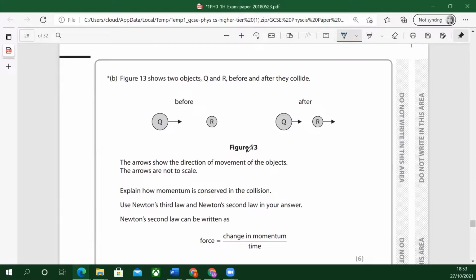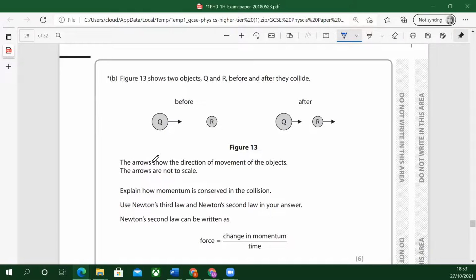9B, a bit of a longer one, 6 marks. Figure 13 shows two objects, Q and R, before and after they collide. Q is a bigger object, colliding with R. It could be like two balls on a table. Afterwards, they both go in the same direction. The arrows show the direction of the objects.